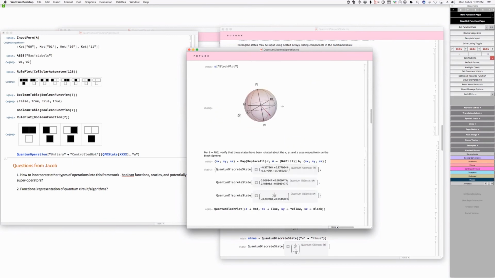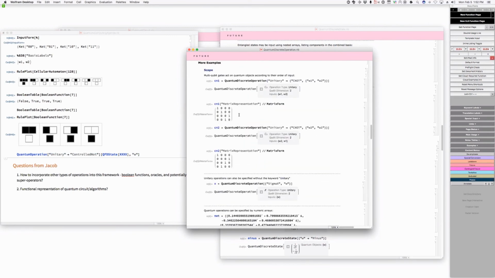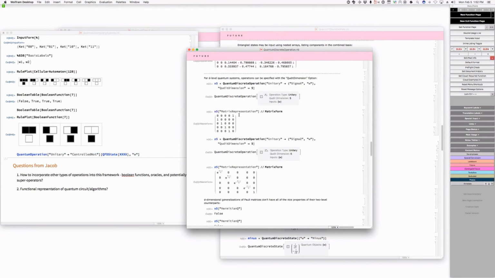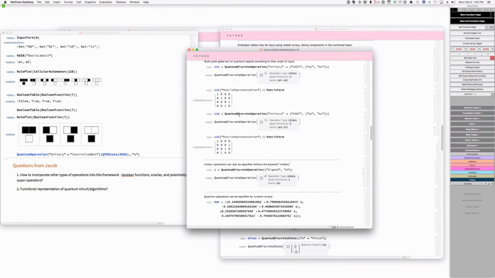You can go down and get out the matrix representation, the inputs, the qubit dimension, things like that. Okay. Well, we actually have this general information function. Sadly, it's sort of a pun relative to quantum information, but forget that.